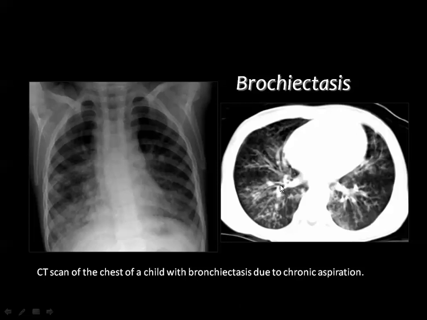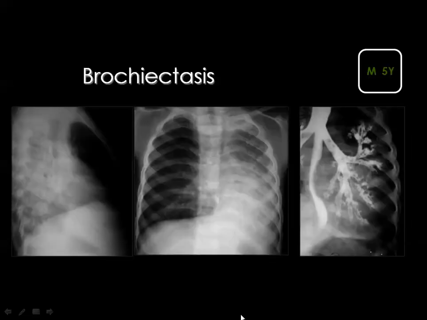Here you can see that the bronchi are relatively dilated, and this is what we call the diffuse fusiform bronchiectatic changes. And this is a case of pneumonic consolidation, which was complicated by collapse and bronchiectasis with evident loss of the left lung volume and ipsilateral shift of the heart and the mediastinum.